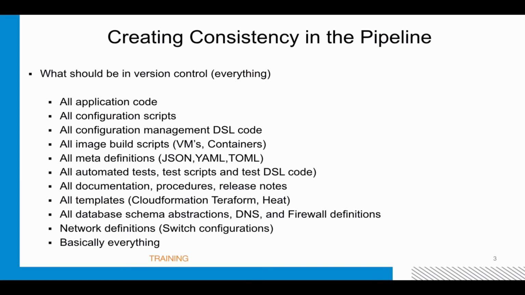Or if you're using any kind of templating, CloudFormation, Terraform, the OpenStack Heat, or any templating for network switch configuration definitions. Database schemas, DNS, firewall. I mean, the list goes on, right? Basically everything should be in version control.